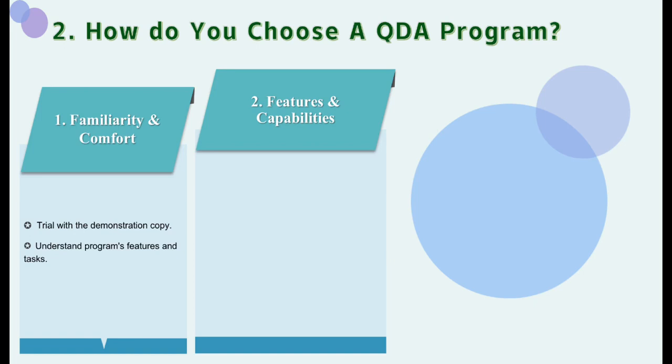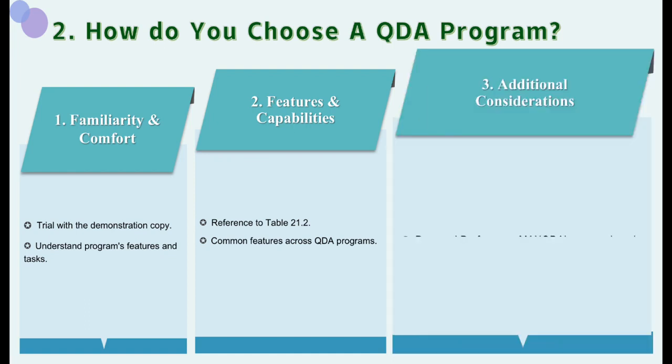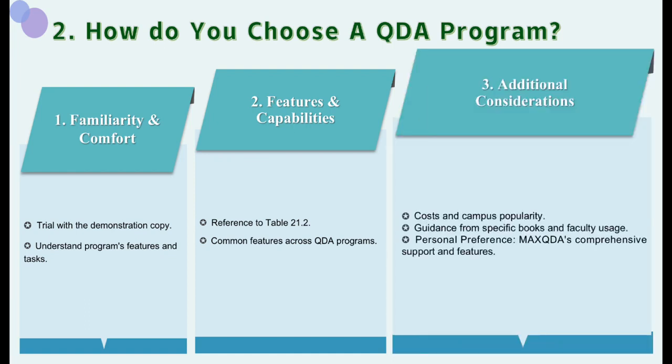Secondly, you can look at Table 21.2 and see some of the capabilities of the programs you might need in coding and writing your qualitative report. Recognize that all QDA software programs have similar features. Lastly, additional considerations.